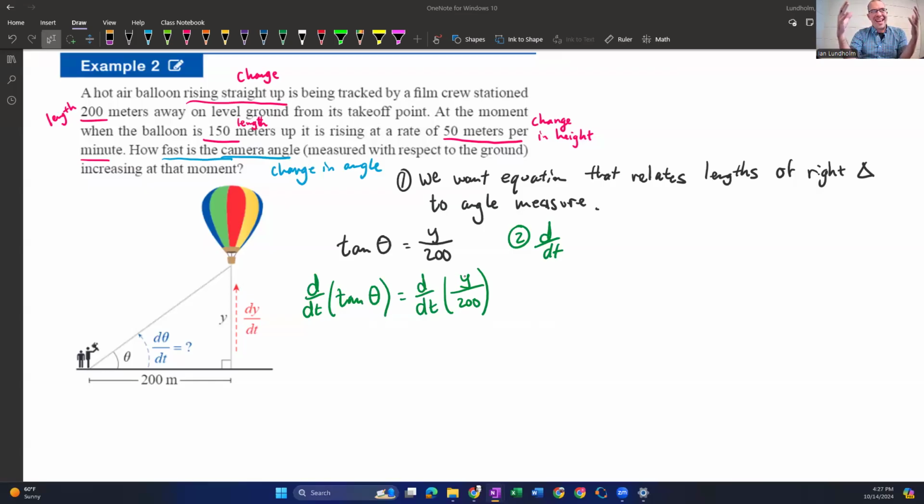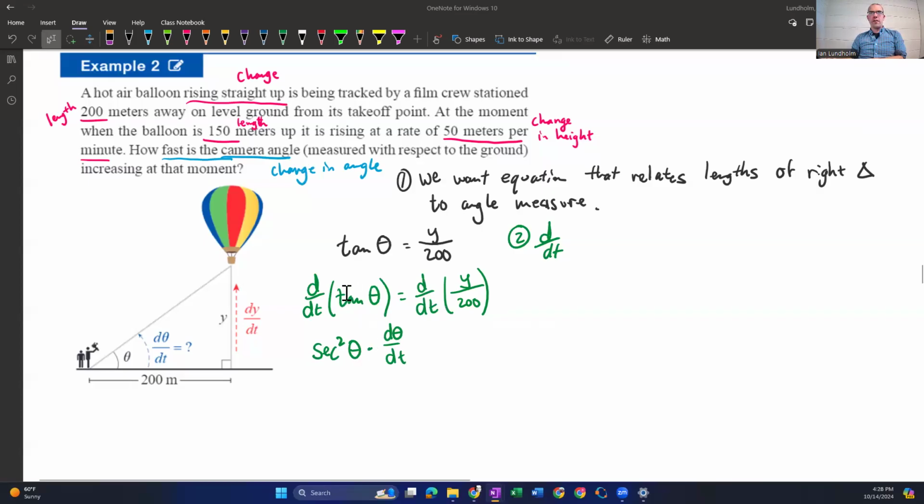The derivative of tangent is secant squared. So we've got secant squared theta. We're leaving the inside the same, and then by the chain rule, we are multiplying by the derivative of the inside. So that's d theta dt.